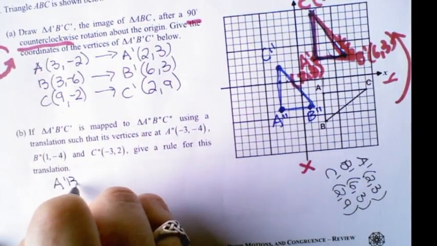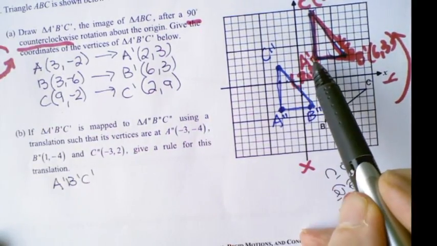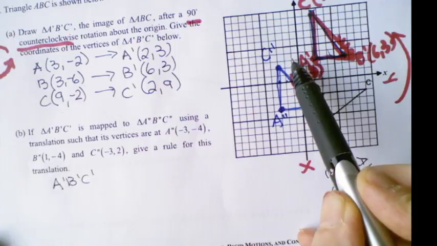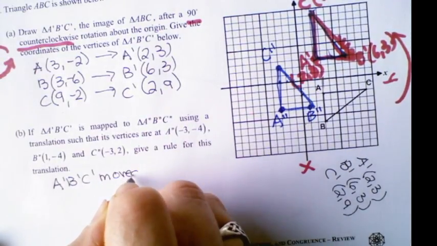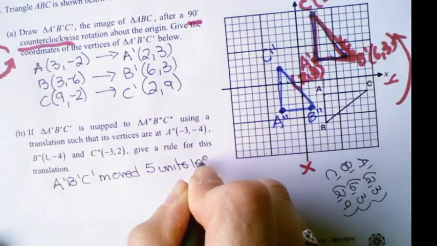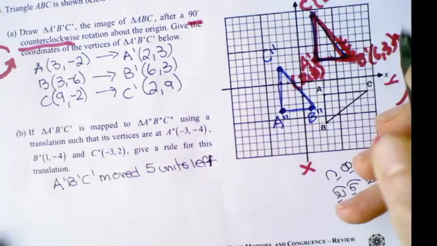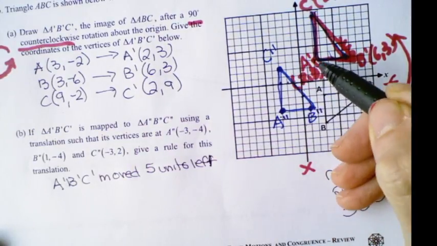A prime, B prime, C prime triangle ends up moving, let's see, 1, 2, 3, 4, 5 places to the right, left, sorry, move 5 units left. And once it moved left, it then moved down, right? Here's the A prime.